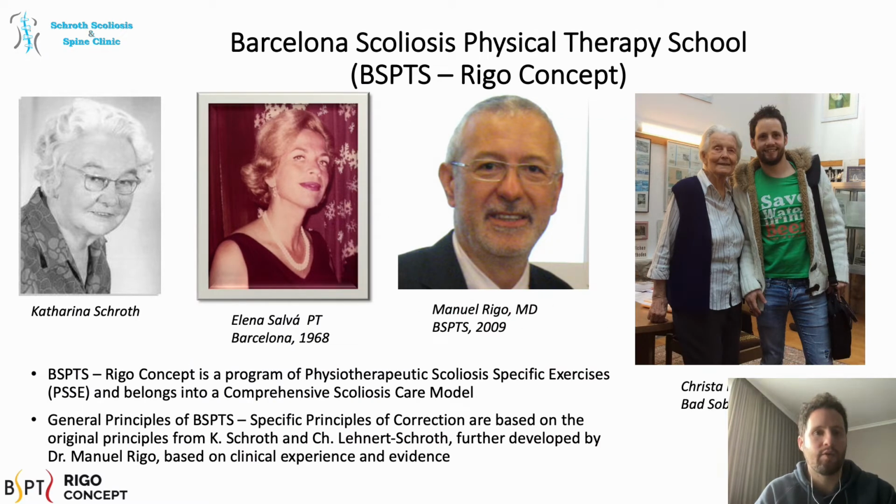The school that we are going to speak about is the Barcelona Scoliosis Physical Therapy School, Rigo Concept. It is a program of physiotherapeutic specific exercises and belongs to a comprehensive scoliosis care model, and kyphosis as well. The general and specific principles of correction for this school are based on the original Schroth method, and were further developed by Dr. Manuel Rigo based on clinical experience and external evidence.